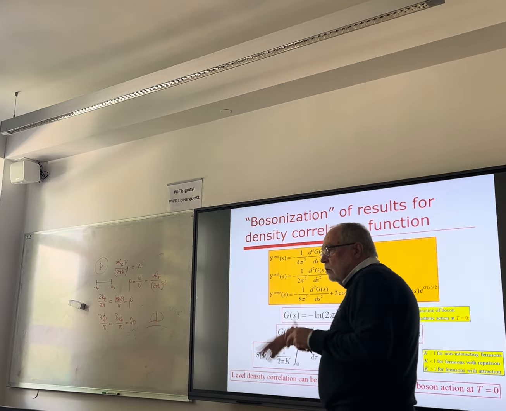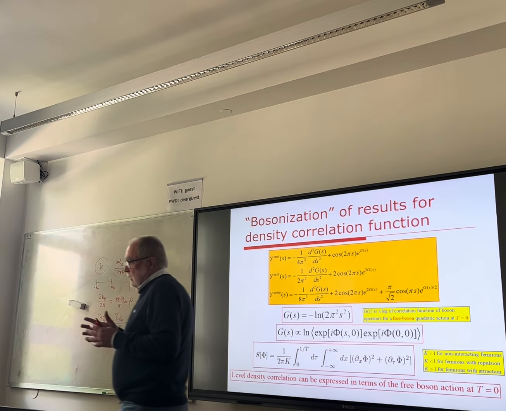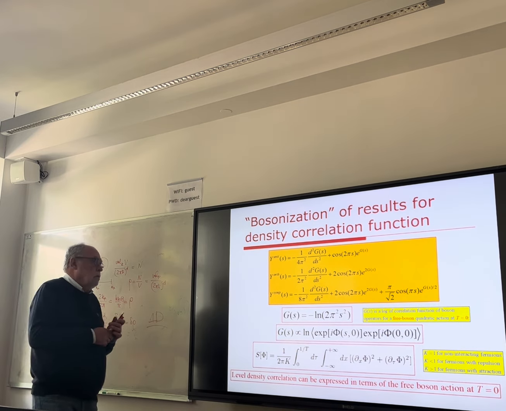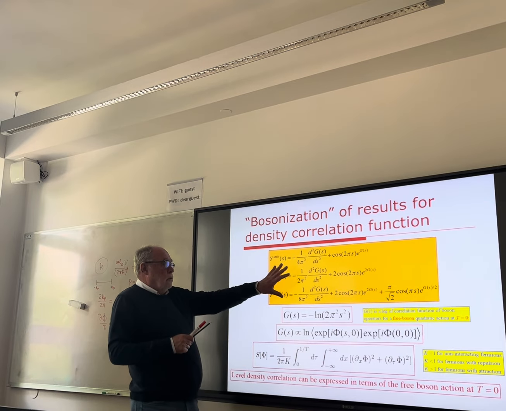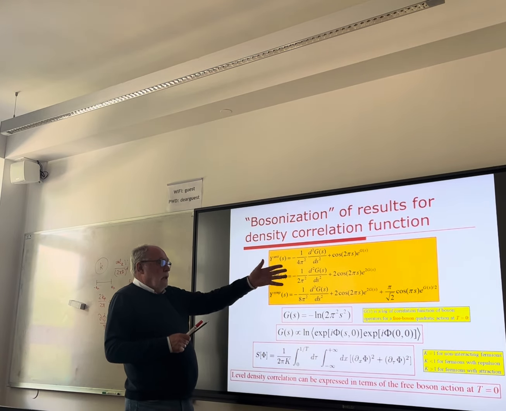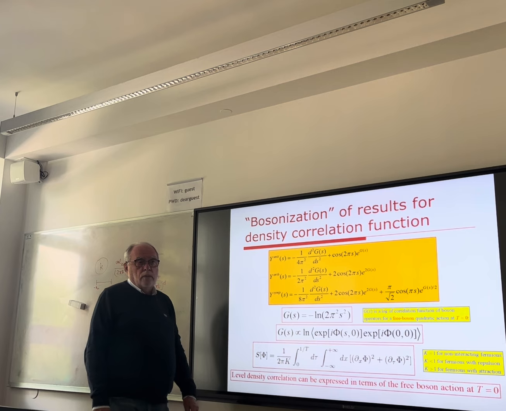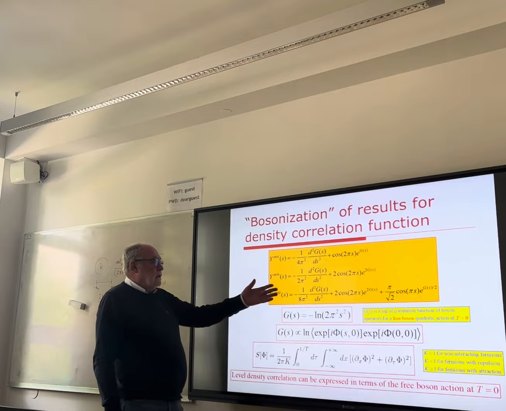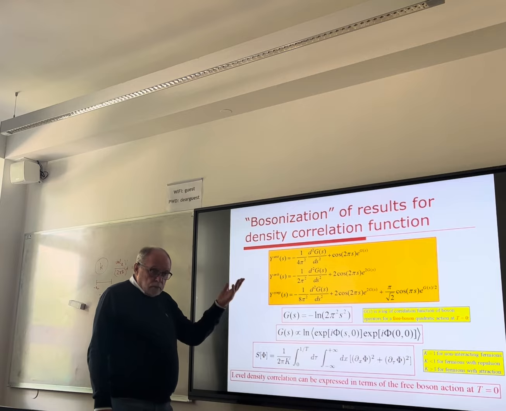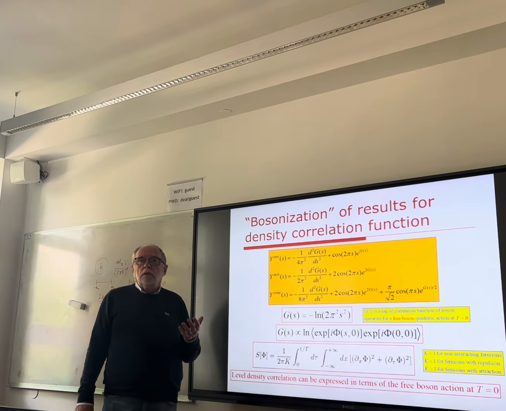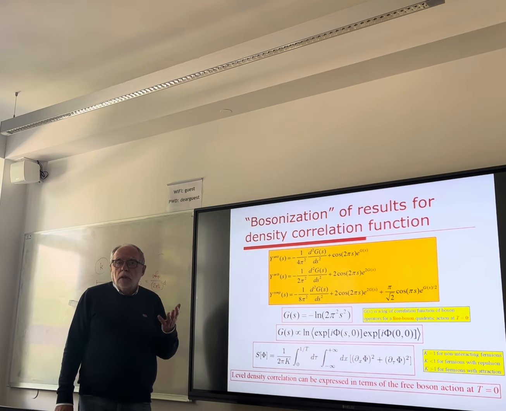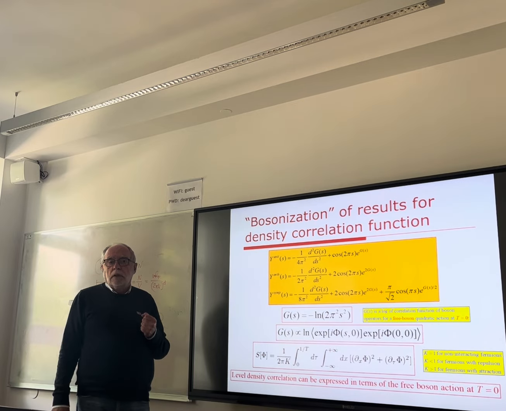I did not want to repeat this chapter. Instead, I wanted to show that what comes out from this subtle mathematical derivation in the meta book is in fact the result which can be obtained from free boson theory.